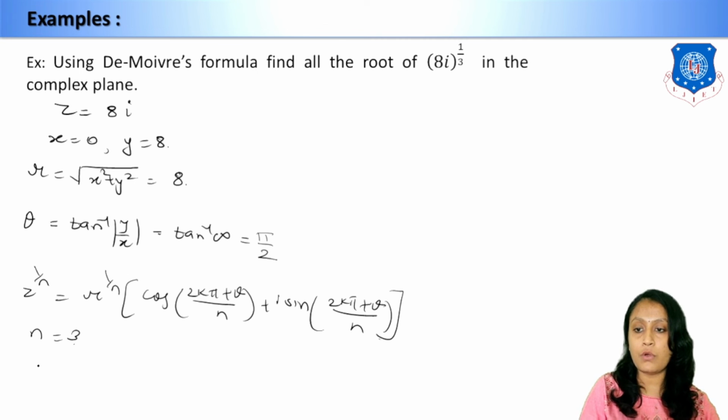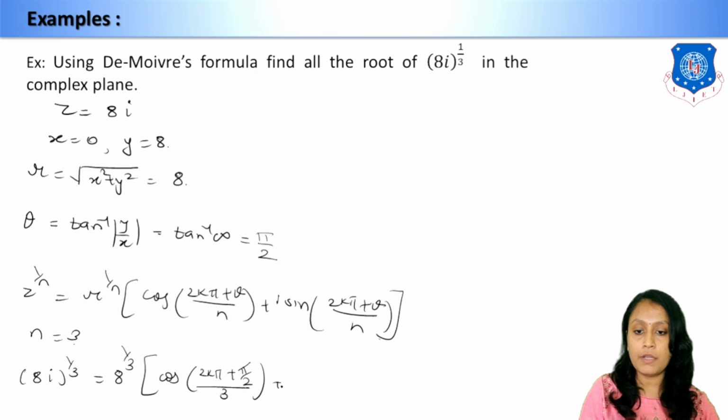Okay, so let's substitute all the values. So 8i whole raised to 1 upon 3 is equal to, r is 8, so 8 raised to 1 upon 3 times cos of 2k pi plus pi by 2 upon 3, plus i sin of 2k pi plus pi by 2 upon 3.